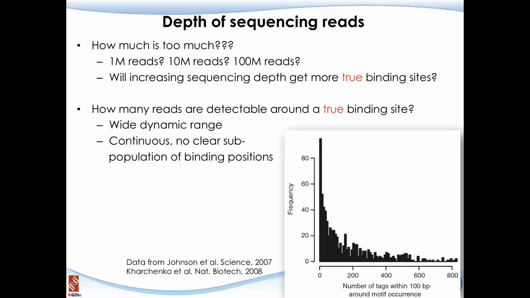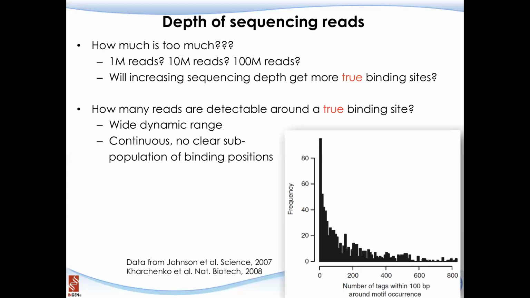Another question is, whether increasing sequencing depth gets more true binding sites, and how many tags are detectable around the true binding sites. We have to look at it, because some people used this kind of data. Before answering these questions, I'll show you a simulated data.